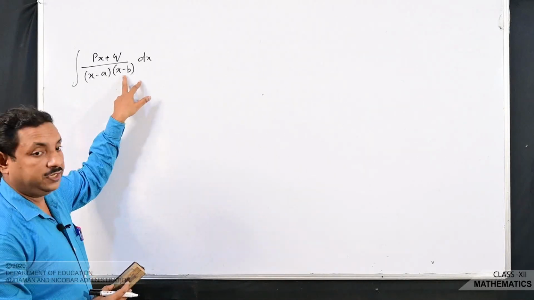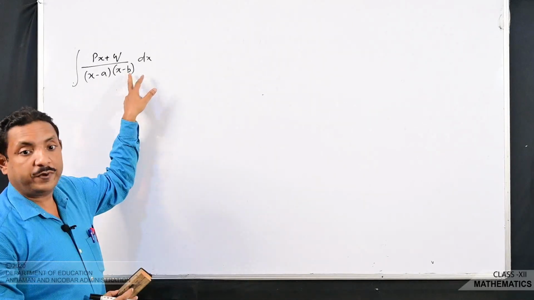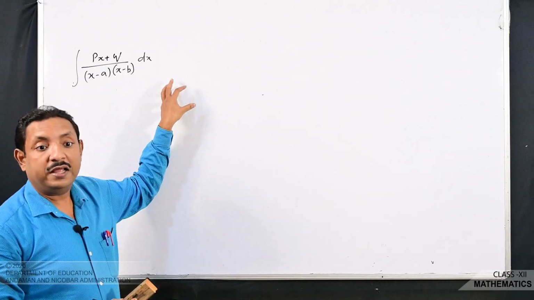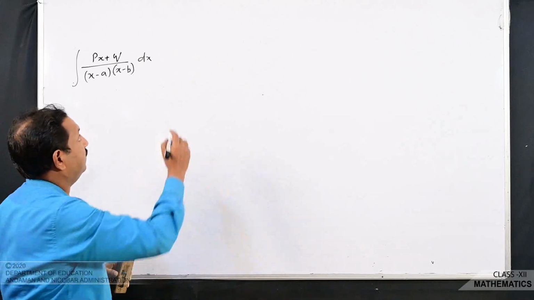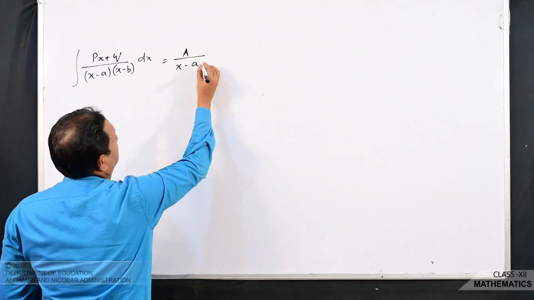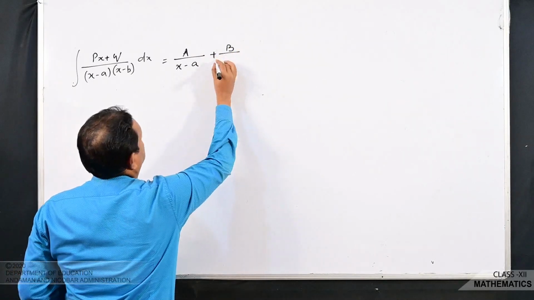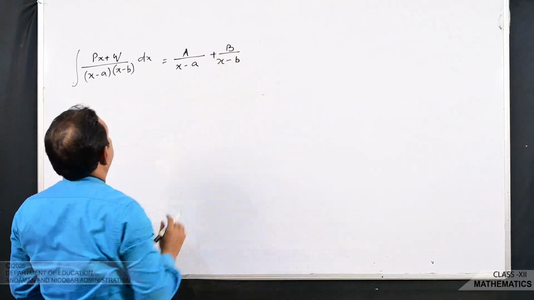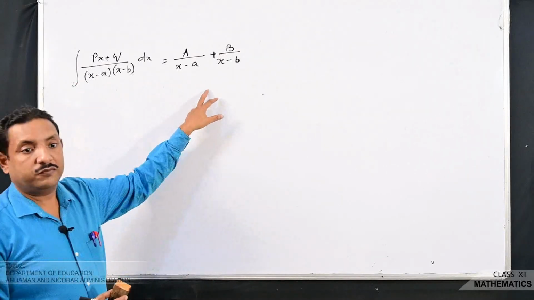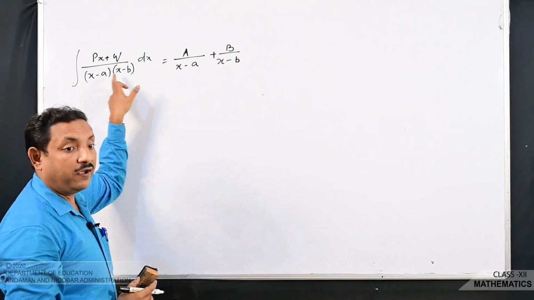I made two factors here, x minus a into x minus b. This type of integration we can split or adjust like this: a upon x minus a plus b by x minus b. I made two terms from here when this is factorable.